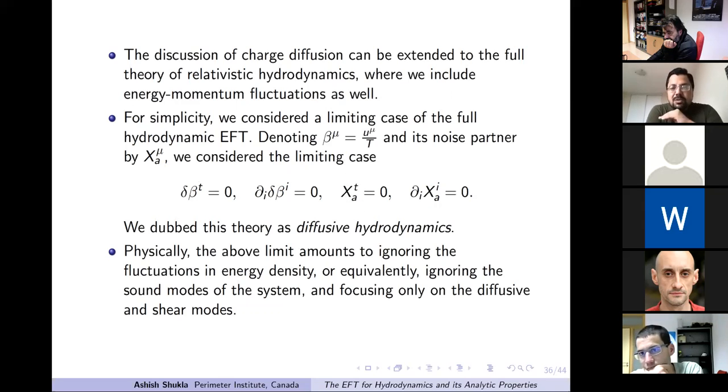So this is diffusion with energy momentum fluctuations, but a very specific subsector of it, which we dubbed diffusive hydrodynamics. This is not full hydrodynamics because physically speaking, this limit amounts to ignoring the fluctuations in the energy density and working only with diffusive and shear modes of the system. So this was only a simplifying step.